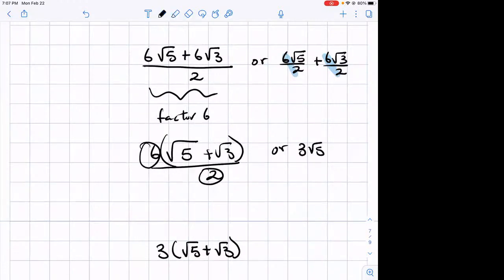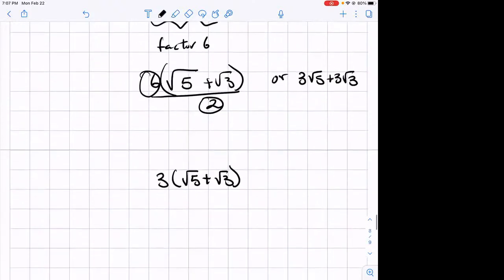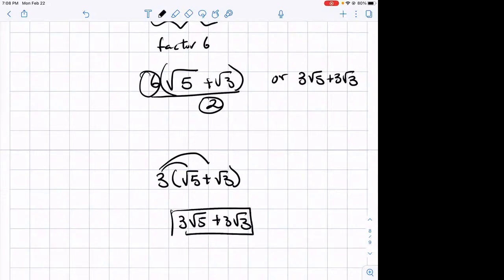So you get plus 3 root 3. And if you distribute it or you factor out the 3, you get the same answer, okay? Because if you multiply here, this is the same as 3 root 5 plus 3 root 3. So you get the same answer regardless which way you write it. They are the same answers. So it's just a matter of choice, whichever way you choose to do this. Yeah? Whichever way you choose to do it, it's your choice.